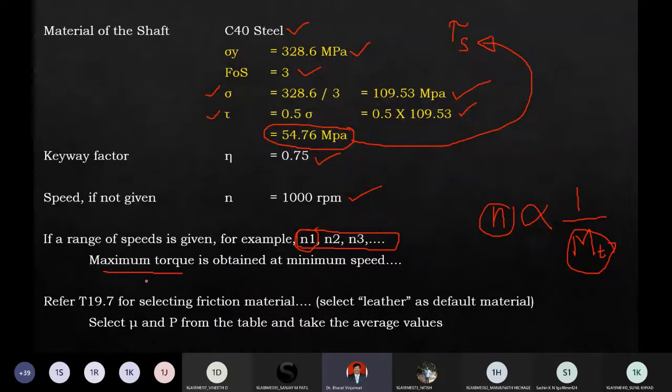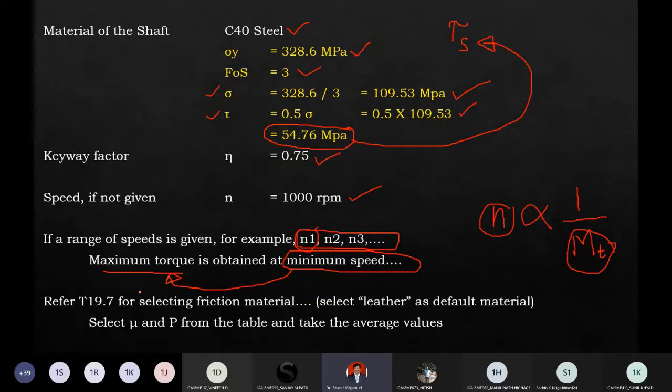If he gives a range of speeds, 1000 to 2500 rpm, or says it is rotating at 1000 rpm, 2500 rpm, 5000 rpm, we always select the minimum speed and design for minimum speed. There is a reason: at minimum speeds I get maximum torque, and the clutch is designed to withstand the maximum torque.